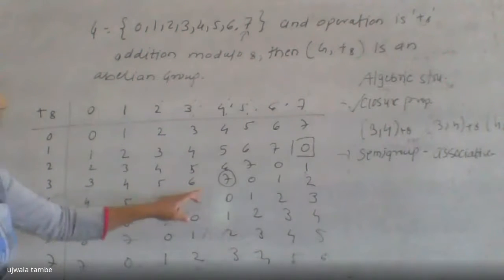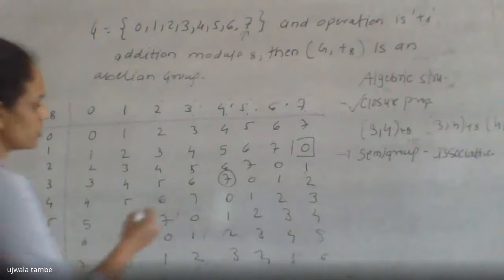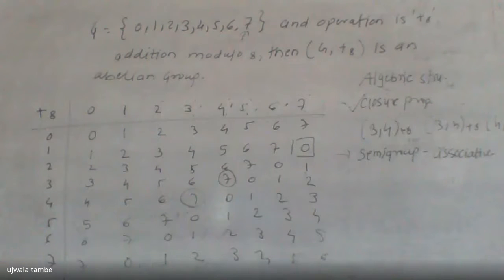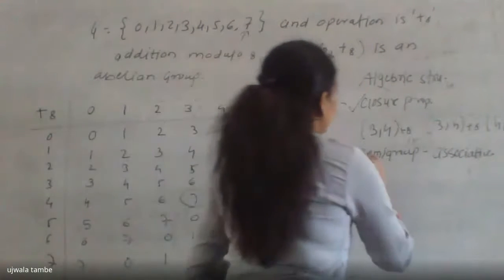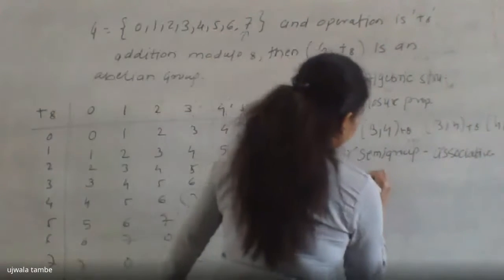So 3 with 4 gives us 7 and 4 with 3 also gives us 7. So it also satisfies the associative property. So this is a semi-group. Then we have to check the next property. So what is our next property? That is monoid.